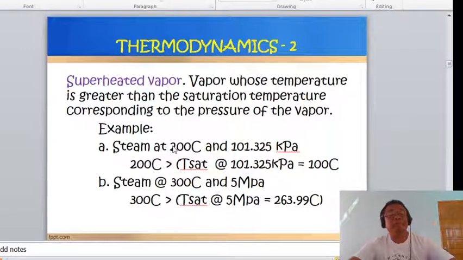Meaning the sample is superheated. Another, steam at 300 degrees and 5 megapascal. Take note, 300 degrees is greater than the T saturation at 5 megapascal, which is 263.99 only.